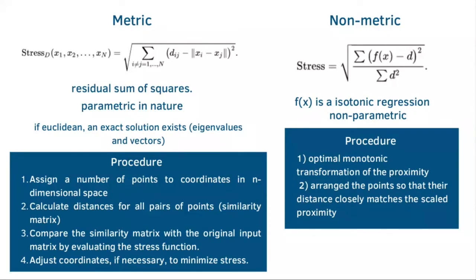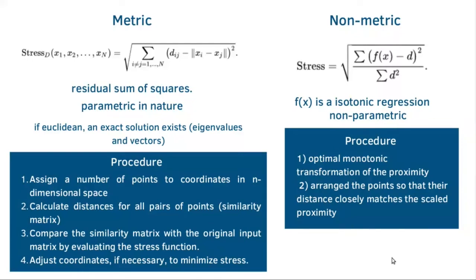Isotonic regression is a type of regression where, instead of having a line like this, it goes like this, trying to fit the data. It goes like two little plateaus. So it has to first find this function, and then it tries to match that to the scaled proximity, so the original distance between them.